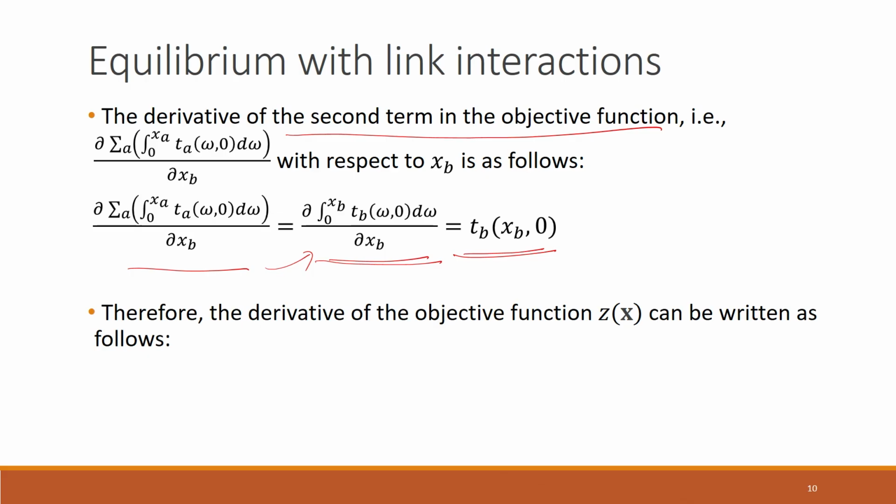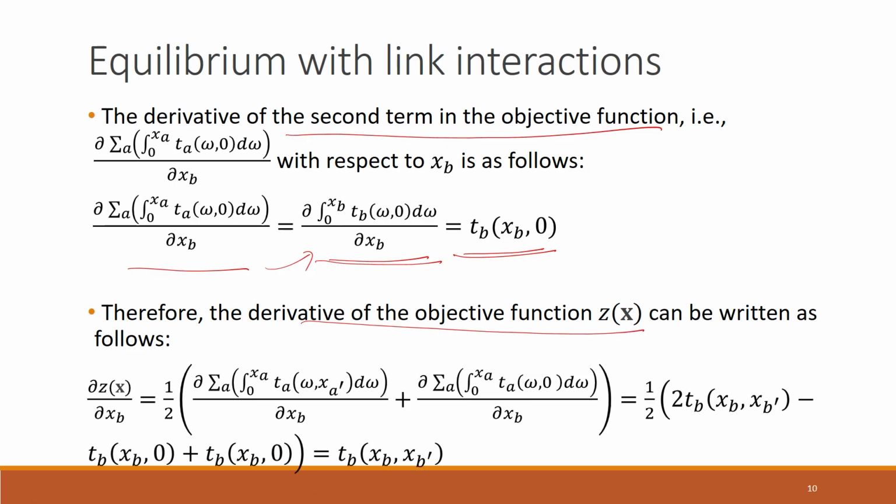So we have now evaluated the derivative of both the first term and the second term here. Okay. So we will now write this together so that we get the derivative of the overall objective function. These are the 2 terms here that we have evaluated. So for the first term we had obtained that its derivative is 2tb, where tb is a function of xb and xb dash, minus tb of xb comma 0.